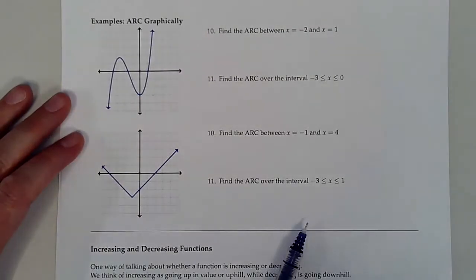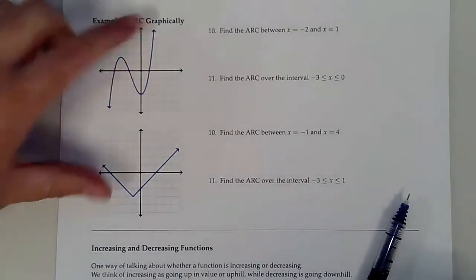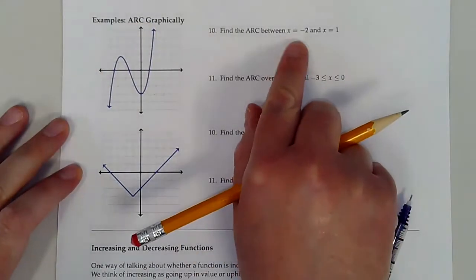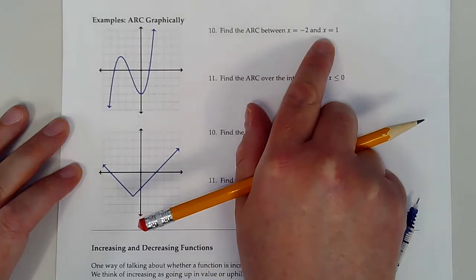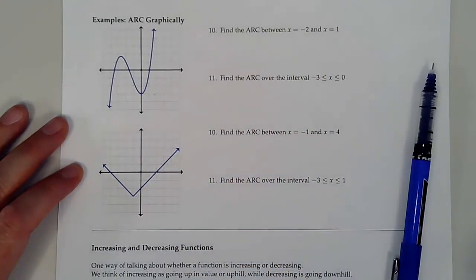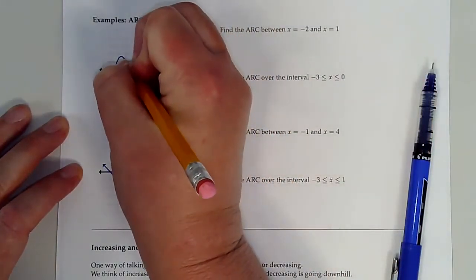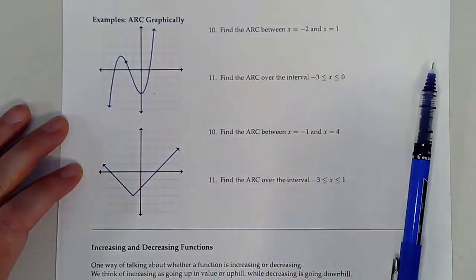All right, let's look at how to find the average rate of change graphically. So here we have our functions. We have our x values, so we can find our change in x, but we need to find the change in y as well. So when x is equal to -2, it looks like it's going to be right about there.